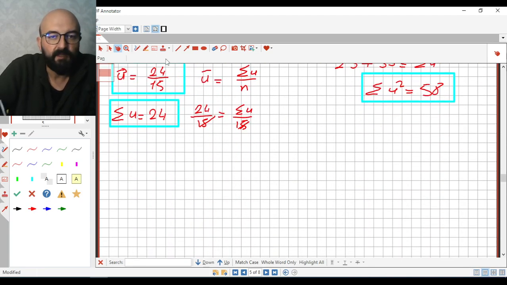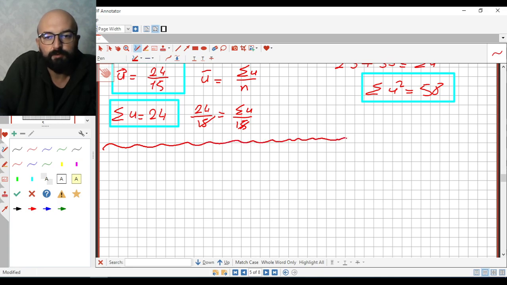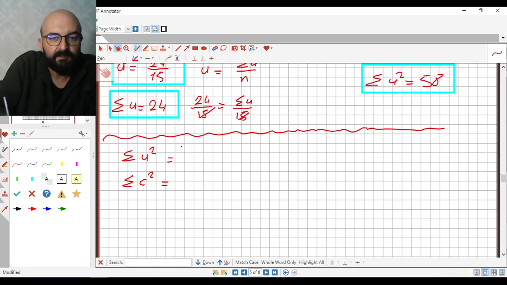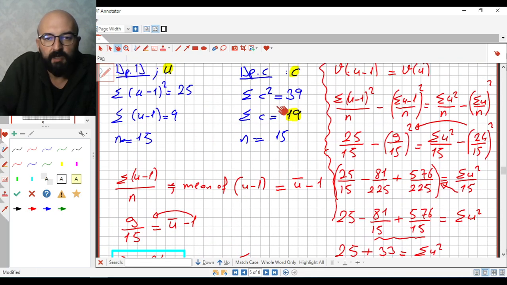We want to find the variance for both clubs, and I want to write the sum of u square and the sum of c square. The sum of u square we found 58, and the sum of c square 39.